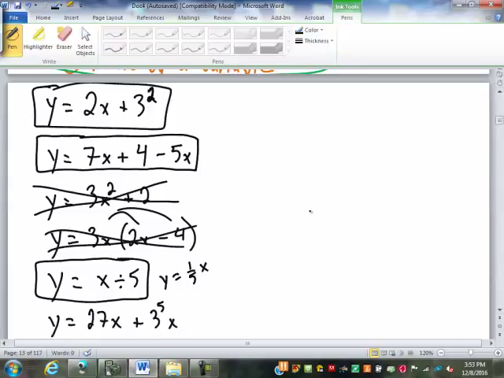How about this one? Yes, there's a power there, and it's near the x, but it's on the 3. That's 3 to the power of 5, which is 243.